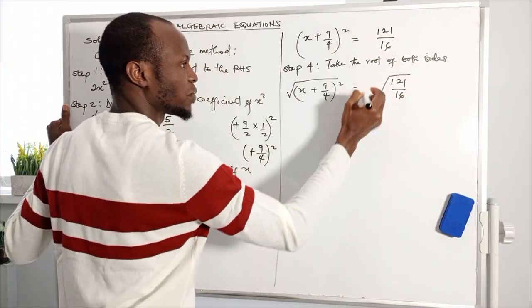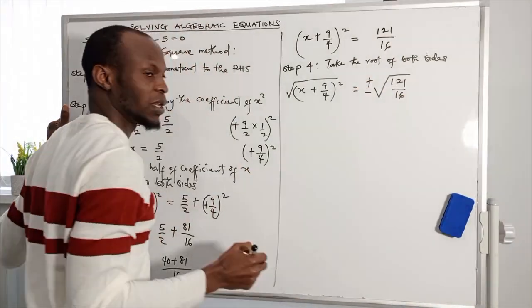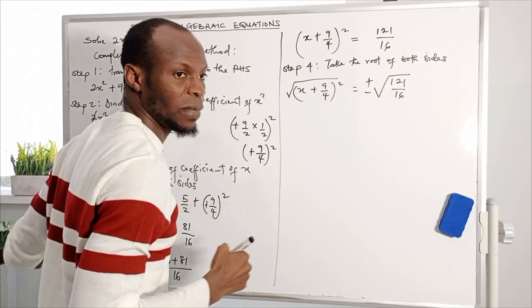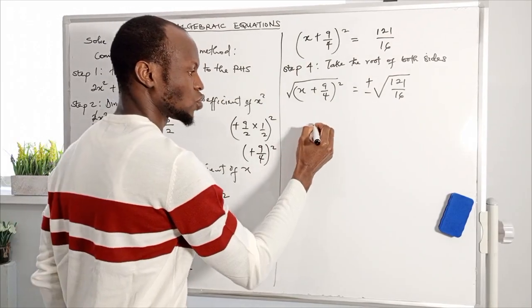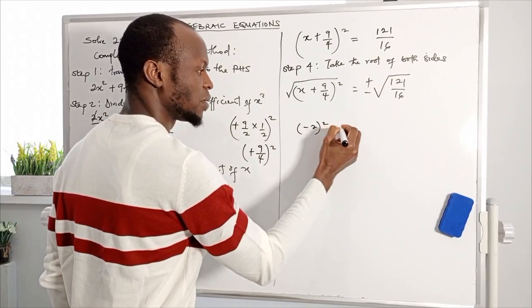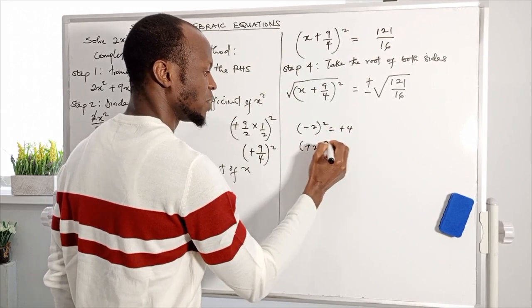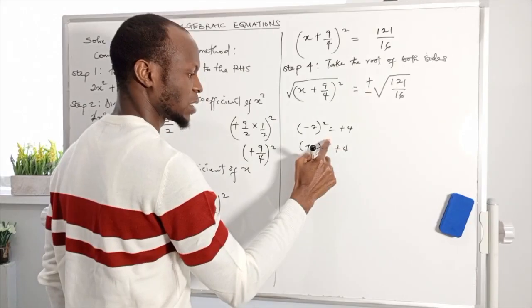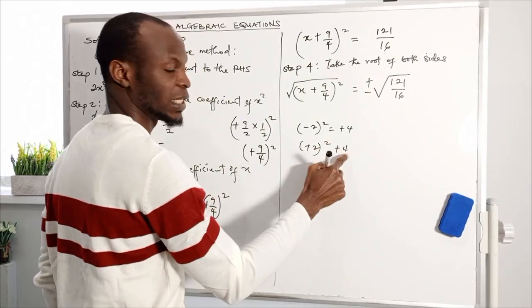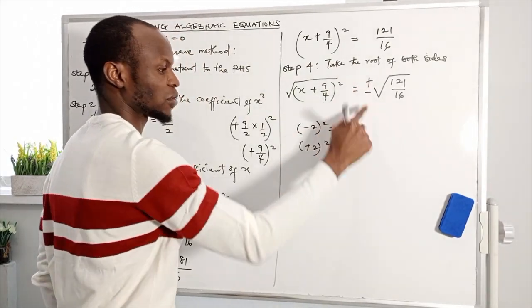Anytime when you're finding square root, it is usually plus or minus. Why is it plus or minus? Because minus 2 squared will give me plus 4, and plus 2 squared will give me plus 4. Plus squared is still plus, 2 squared is still 4. Okay, that's why we have plus or minus.